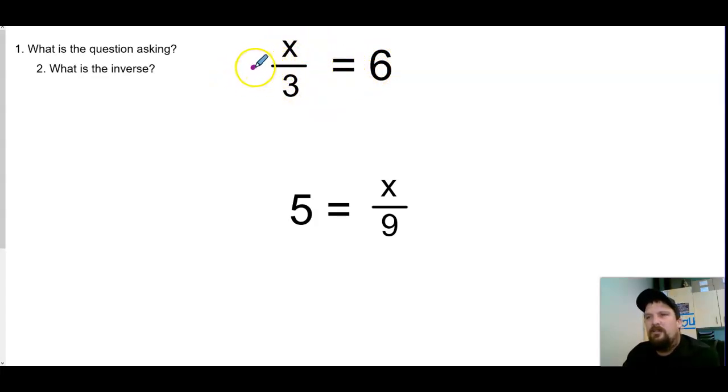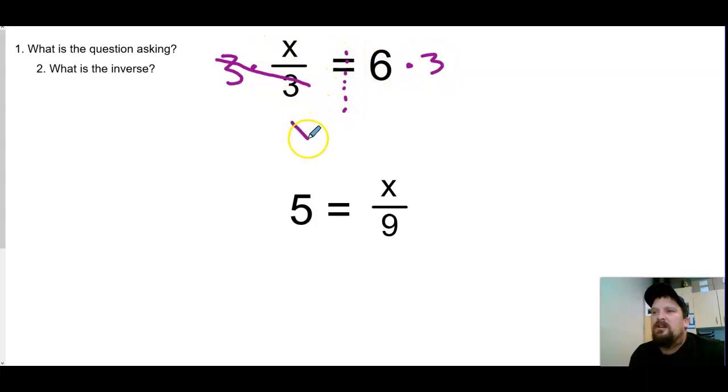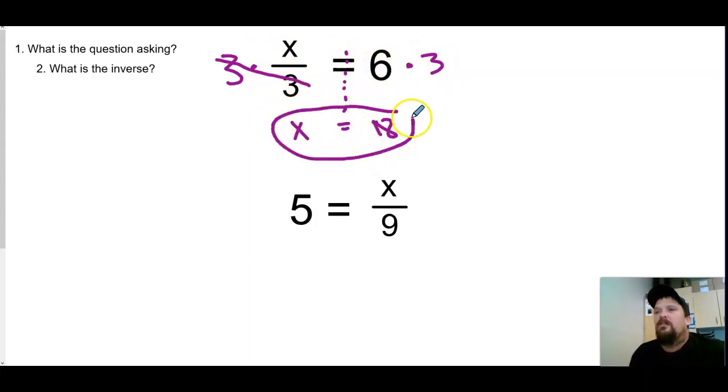Let's see if you got it right. So times both sides by 3. Because we were dividing by 3, we have to times by 3. That's the inverse, and we have to do it to the other side of the equation. Our x drops down. 6 times 3 is 18. Did you get that right? 18 divided by 3 is 6.